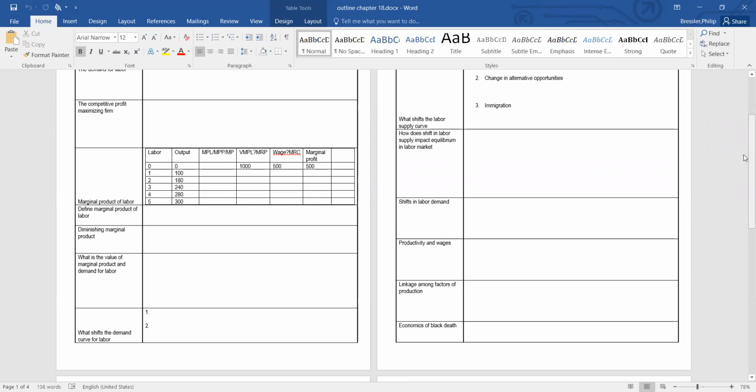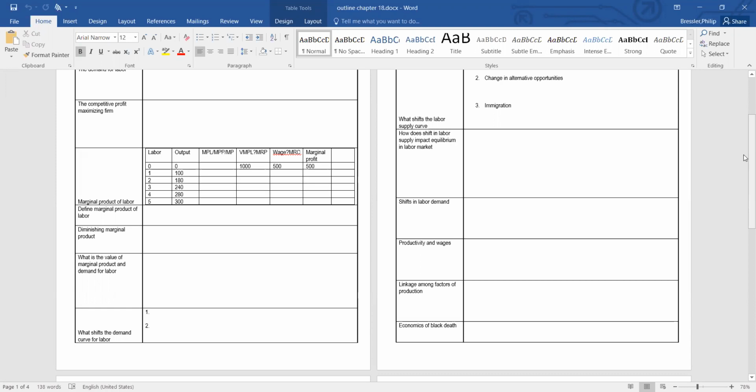MP times P is VMPL, or the change in total revenue over the change in input. Either one of those works in perfect competition. The change in total revenue over change in input works in non-perfect competition.